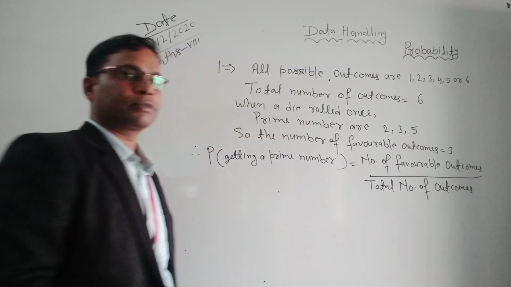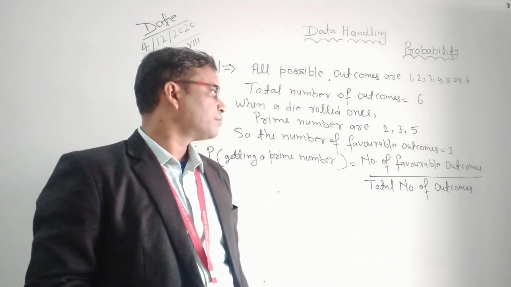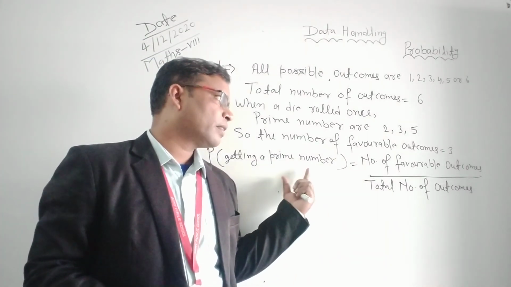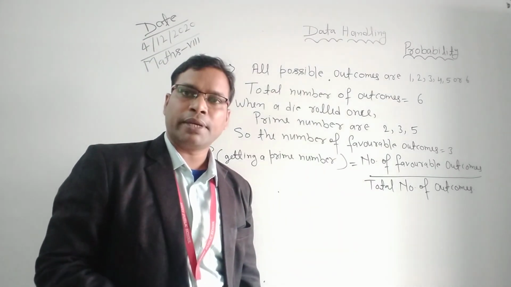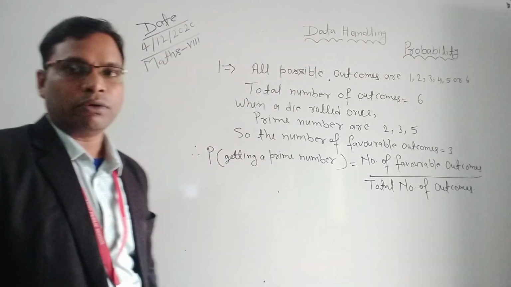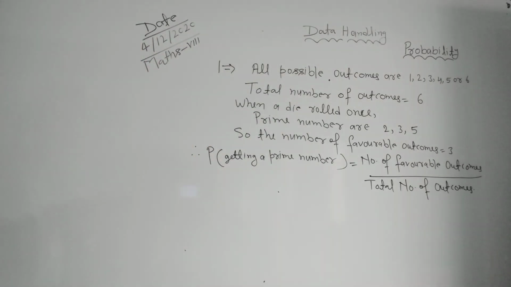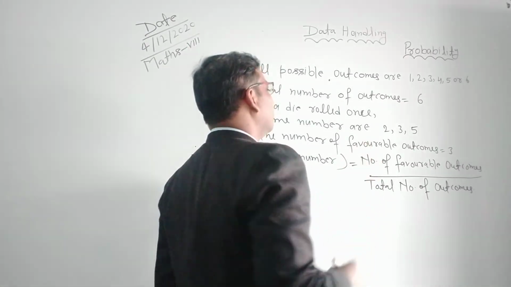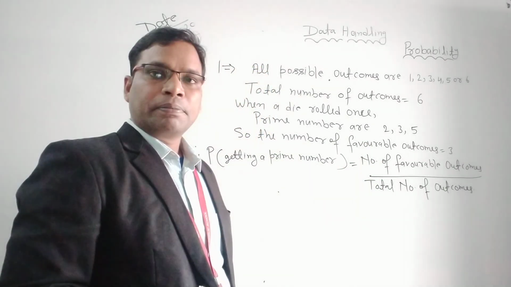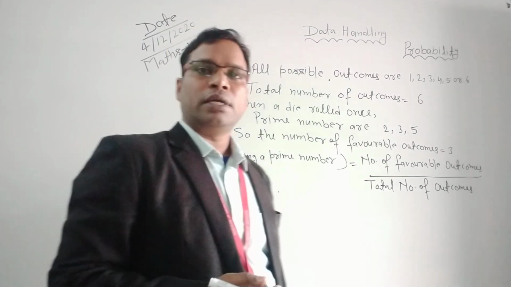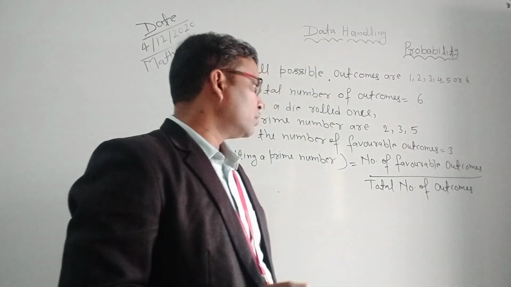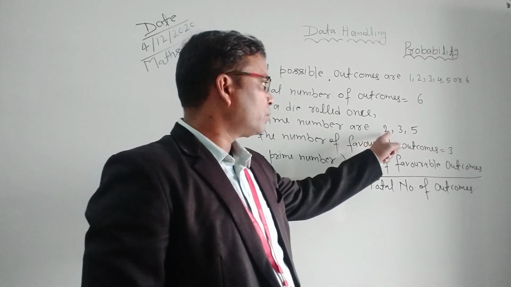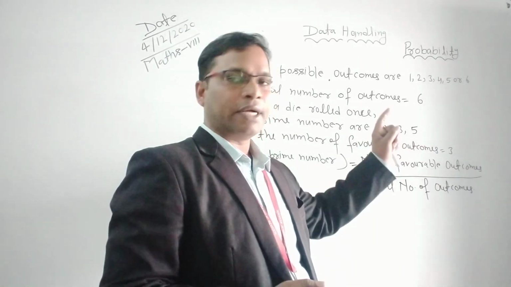Here you can see we find probability as number of favorable outcomes by total number of outcomes. Favorable outcomes is 3 because the prime numbers are 2, 3 and 5.